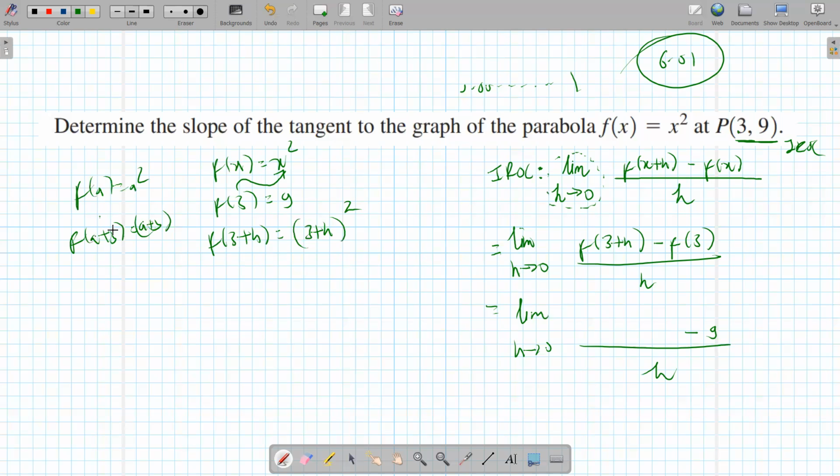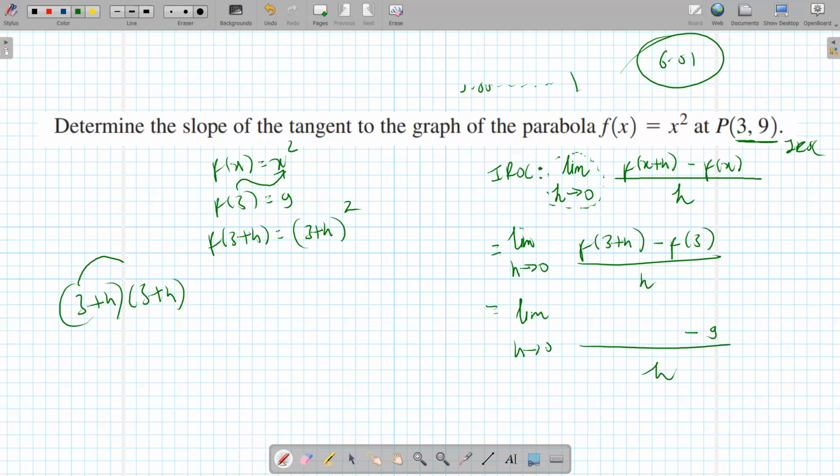Now, what's 3 plus h squared? You can kind of do this in your head. If I want to FOIL it, if I want to expand it, what is it? There's a few ways to do that. What you can do is individually FOIL them. So 3 plus h squared just means 3 plus h times 3 plus h.